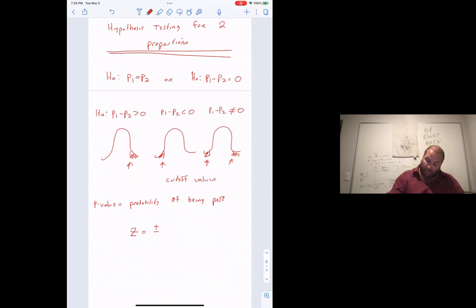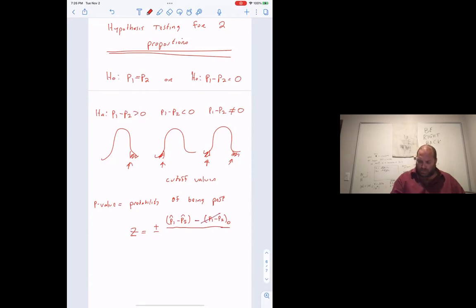Well, it's going to be p1 hat minus p2 hat minus p1 minus p2, the true value. Of course, since we don't really know the true value, the best we can say is it's what the null hypothesis claims is the true value. And what does the null hypothesis claim is the true value of P1 minus P2?